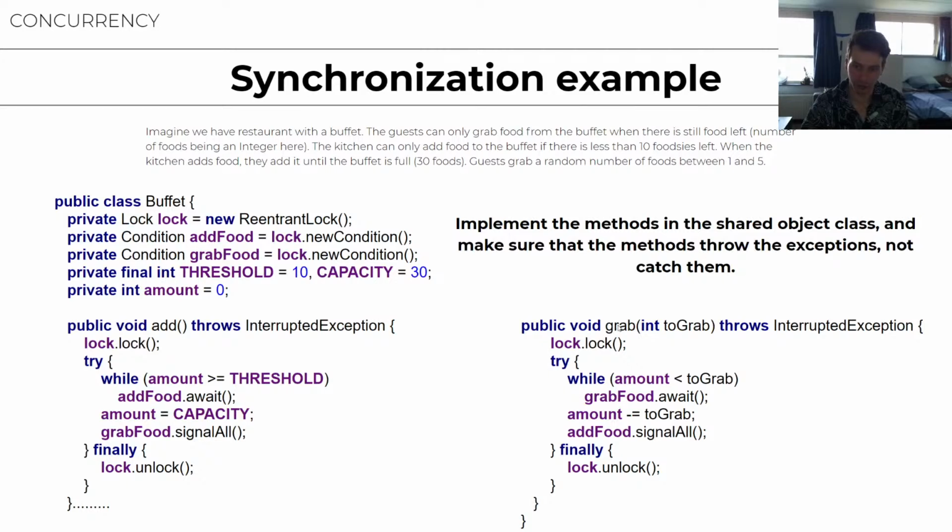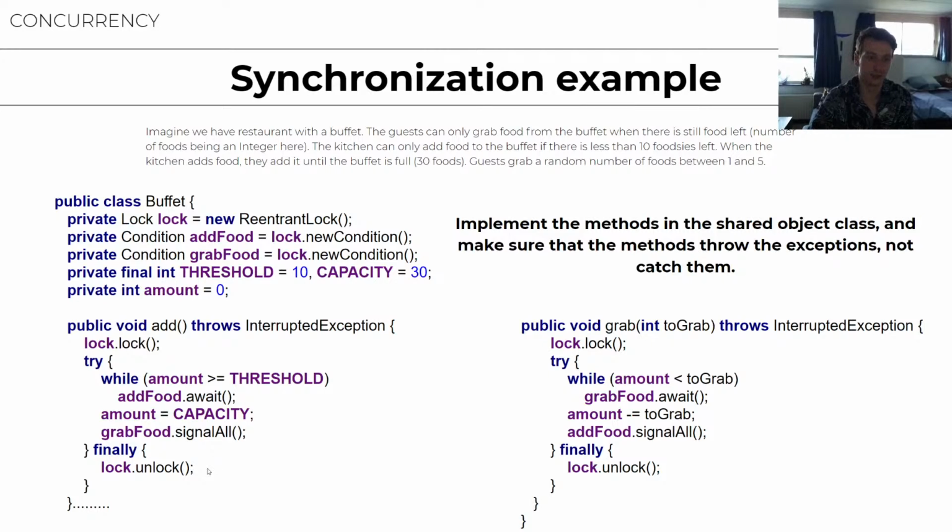What happens in the grab function? We deduct to grab, the amount that the customers want to grab, from the amount, and we give a signal to the kitchen, essentially saying, hey, I took food from the buffet, maybe you'll have to fill it up.